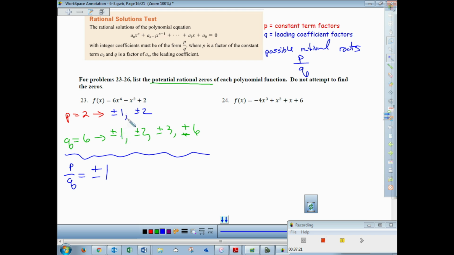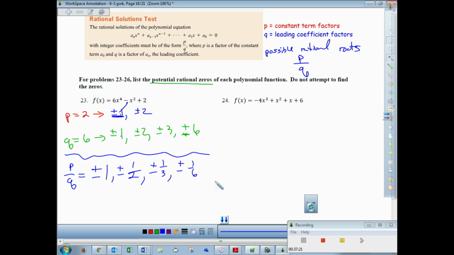P over Q. Then I do plus or minus 1 over 2, which is 1/2, right? Then plus or minus 1 over 3, plus or minus 1 over 6. Haven't I used him up, right?